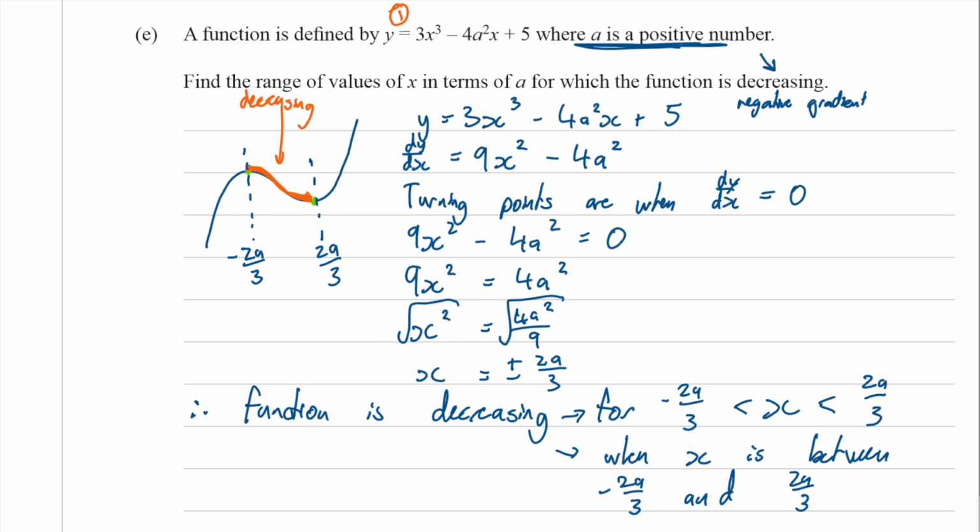To find the turning points, we needed the derivative, which is the achieved part. But once we set that equal to 0 and found the x values of the turning points, that's our merit part, and then wrapping it all up, writing our conclusion is the excellence point.